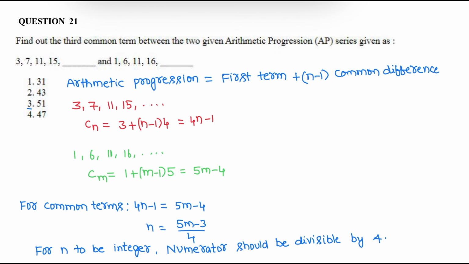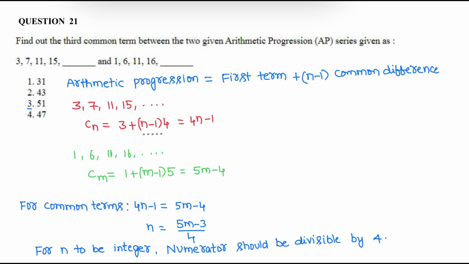The general term for an arithmetic progression is first term plus n minus 1 into common difference. AP1 is 3, 7, 11, 15. For this, the first term is 3. The common difference between the terms is 7 minus 3 is 4, 11 minus 7 is 4, 15 minus 11 is 4.